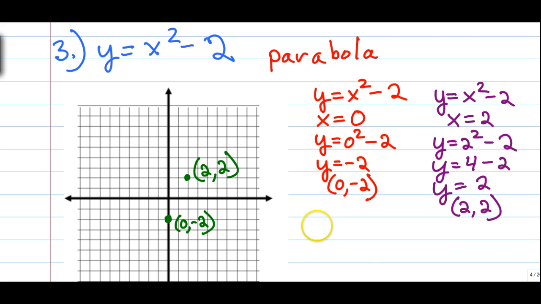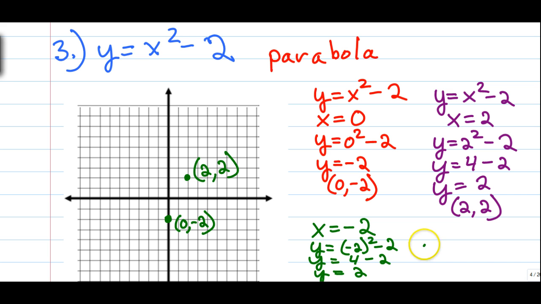So I'll try plugging in x equal to -2 for the opposite side. Y equals -2 raised to the second power minus 2 would give me y equals 4 minus 2, which leaves me with y equals 2.